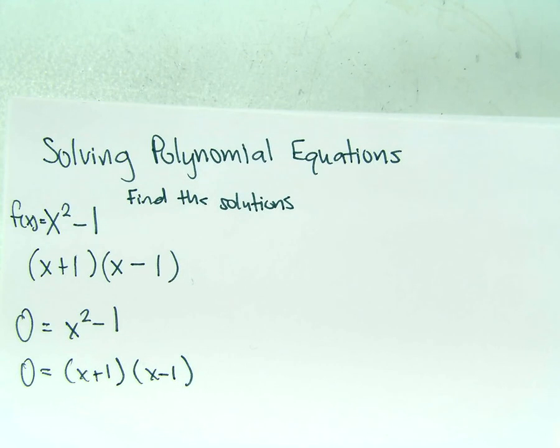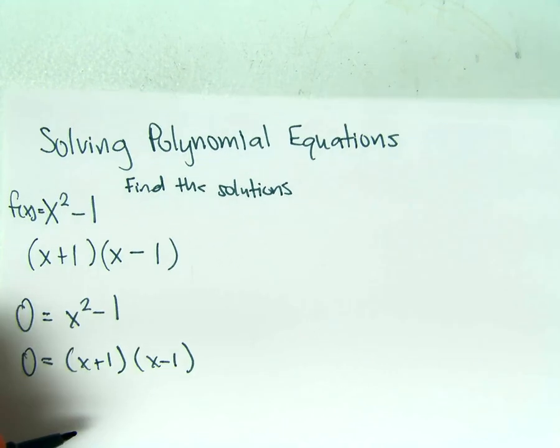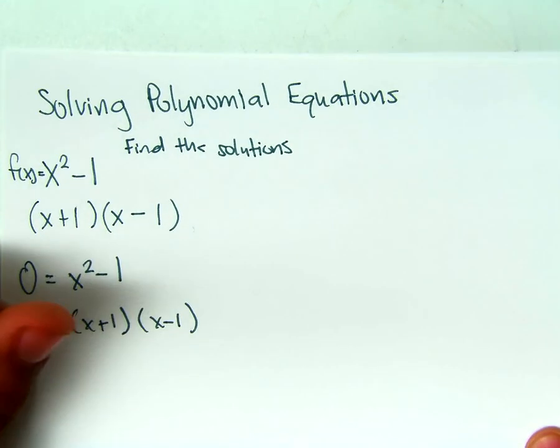Okay, now this is 0 equals something times something. So how can you get 0 through multiplication? Yes, so either one of these can be 0 to give us 0. So we can set x plus 1 equal to 0 and x minus 1 equal to 0.